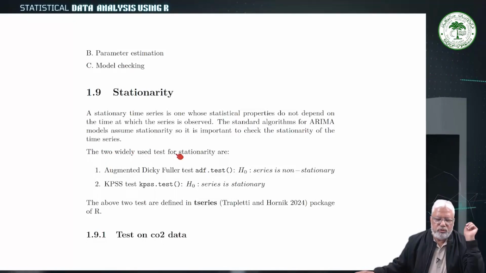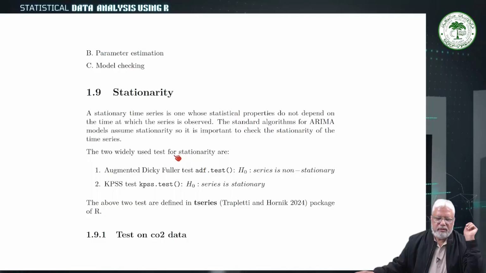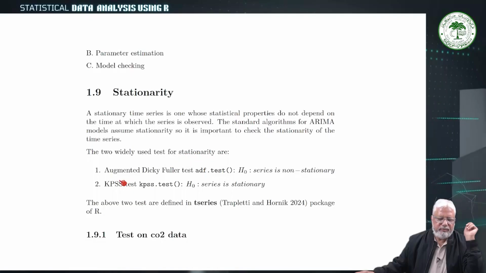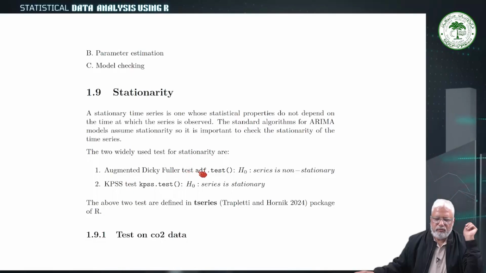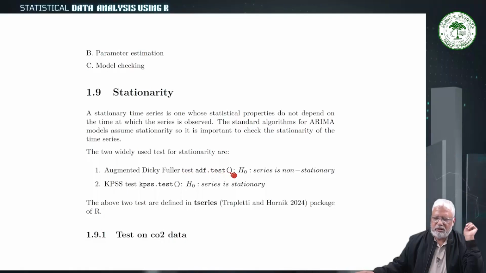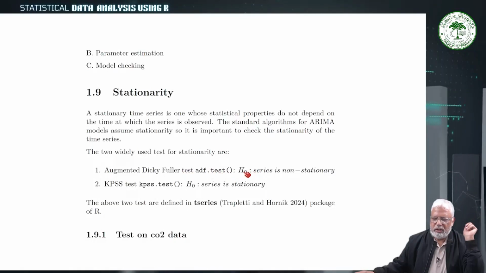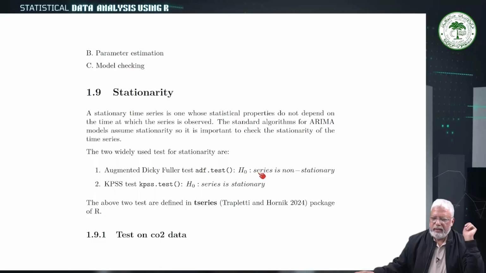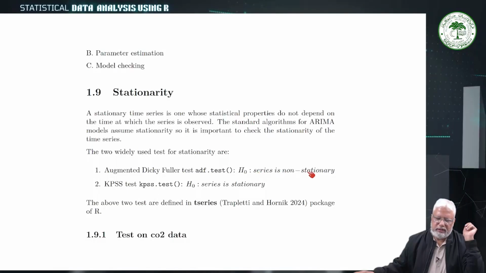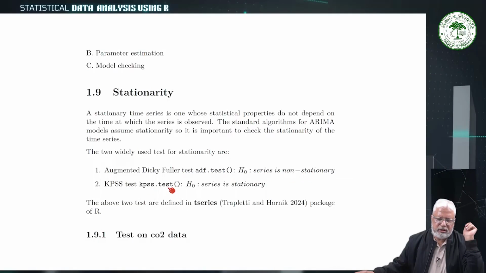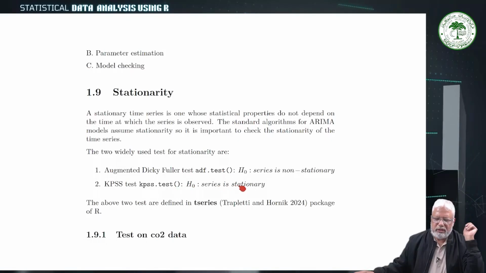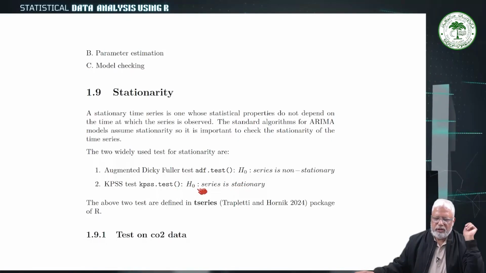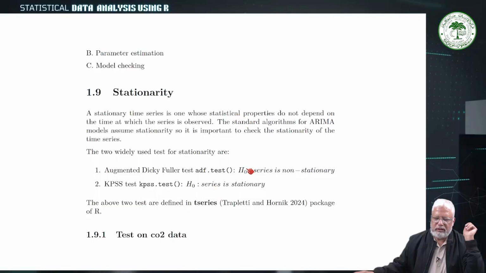The two widely used tests for stationarity are the augmented Dickey-Fuller test, adf.test, in which H naught is that the series is non-stationary, whereas in the KPSS test H naught is that the series is stationary. So here these two are contradicting.